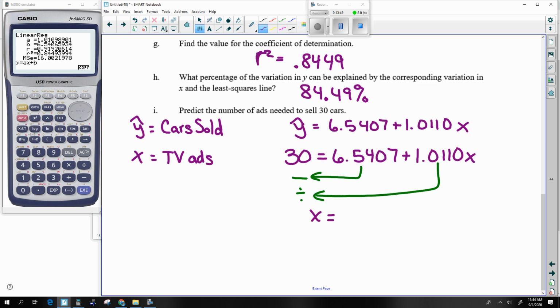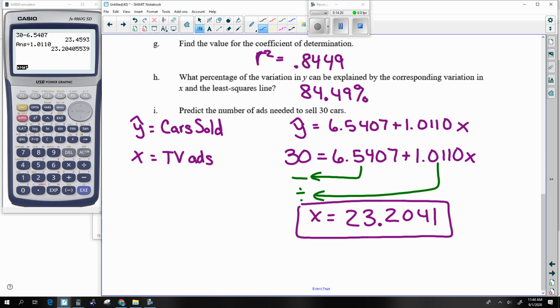So in this situation, I subtract off that constant, and then I divide by the coefficient. That'd be 23.2041 ads.